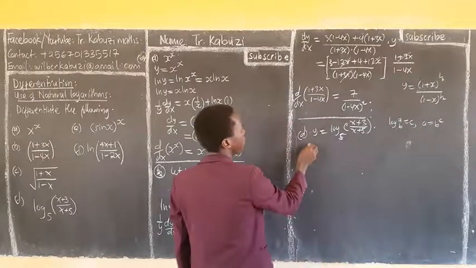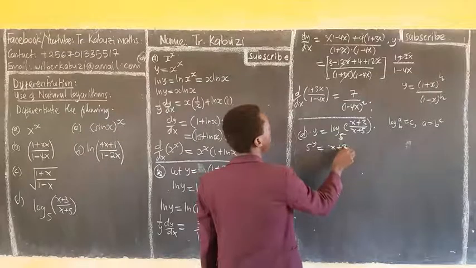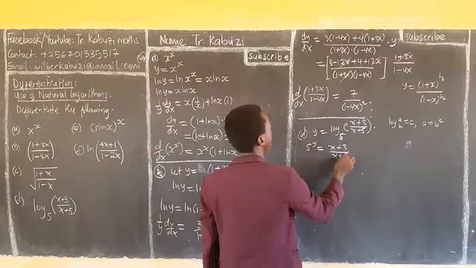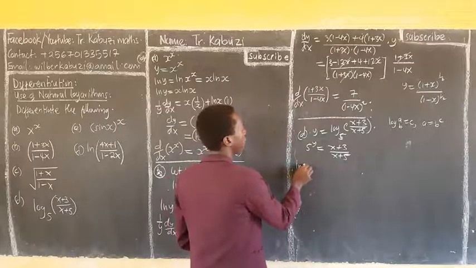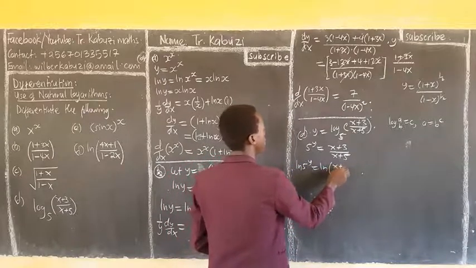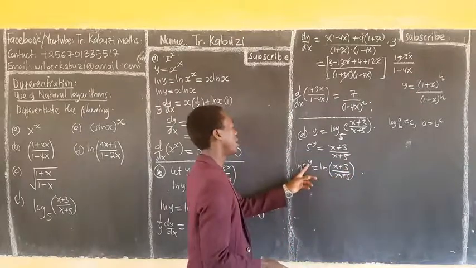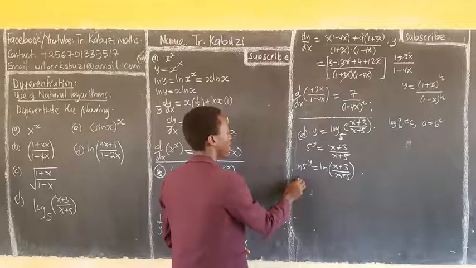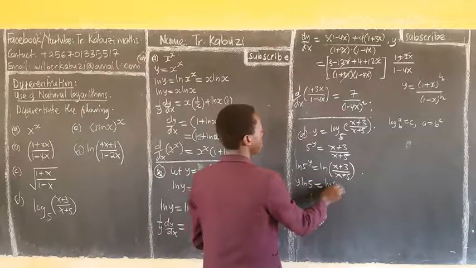So now this will be 5 power y equaling 2x plus 3 over x plus 5. Then introduce natural log. So natural log of 5 power y equals natural log of that. So you lower this power, so you have y natural log 5 equaling, you apply properties of logarithms.